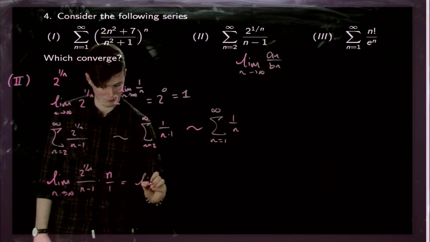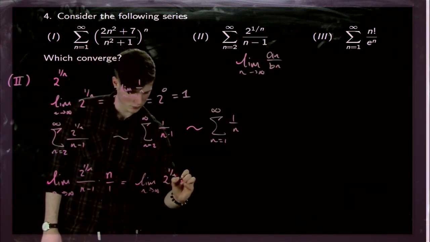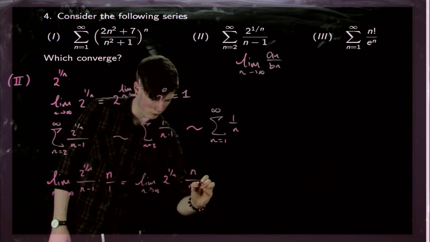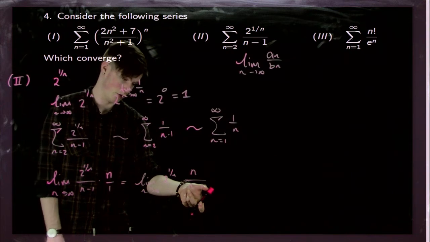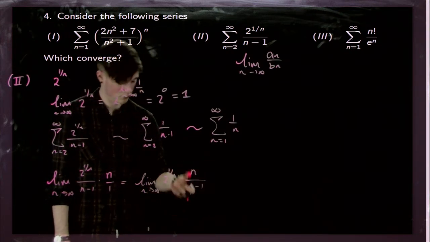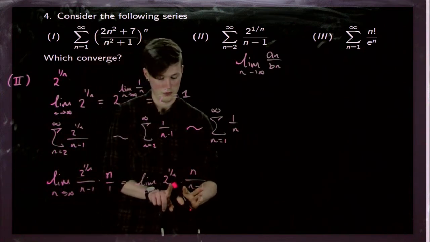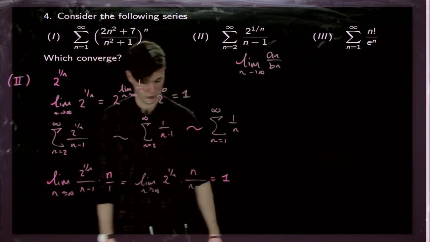Let's separate this out: 2 to the 1 over n times n over (n minus 1). I pointed out at the start that the first factor goes to 1, and we can see the second goes to 1. If you want to be more precise, you can divide top and bottom by n to show it goes to 1. Both of these converge, so this goes to 1 times 1, which is 1.